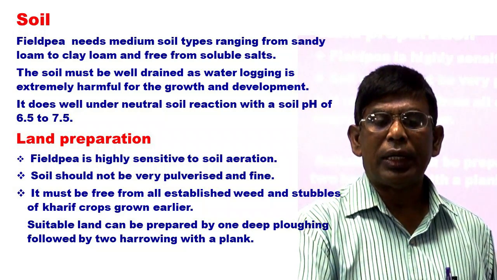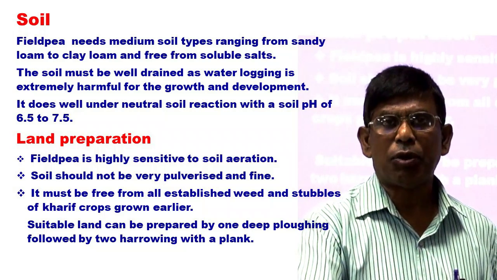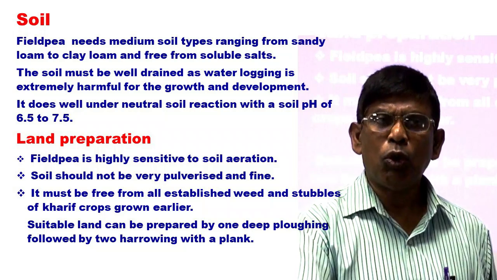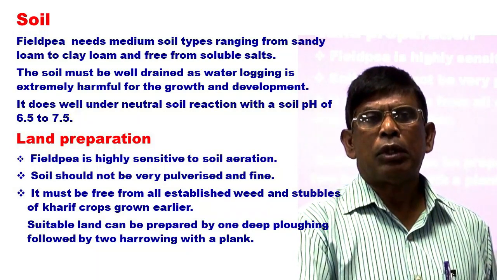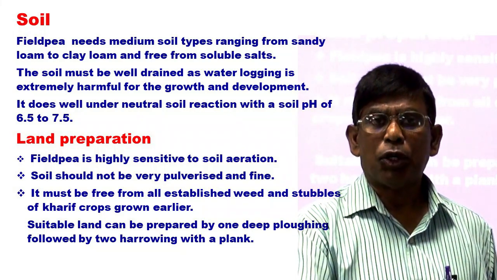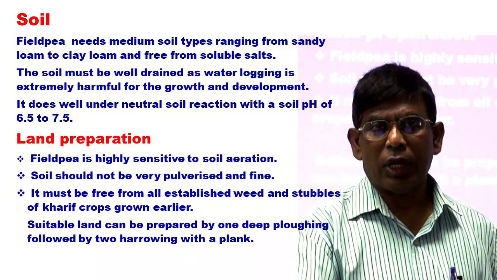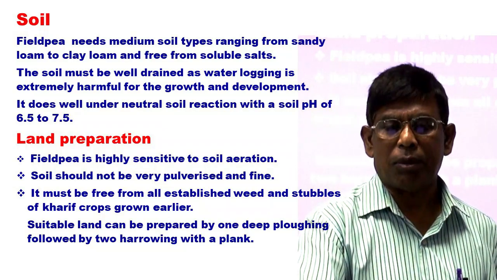It does well under neutral soil reaction, that means pH should range from 6.5 to 7.5. In neutral soil pH, the availability of nutrients is high, particularly phosphorus, and under acidic soil phosphorus gets fixed.